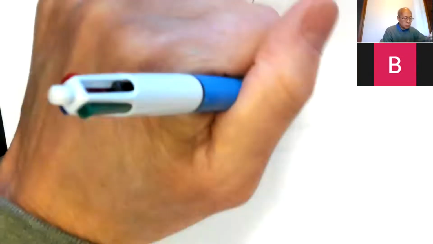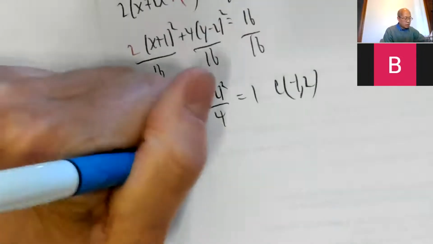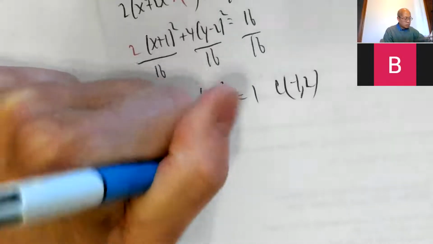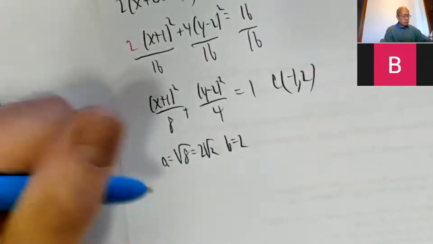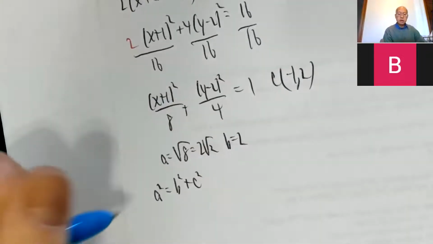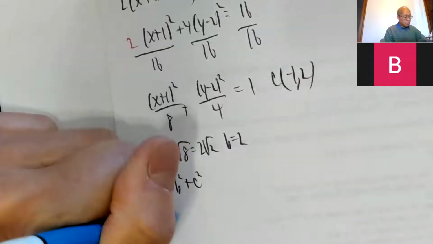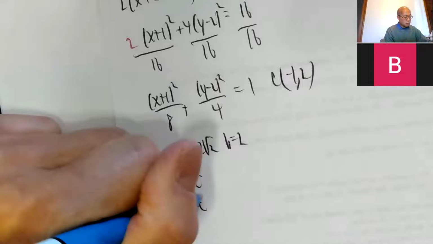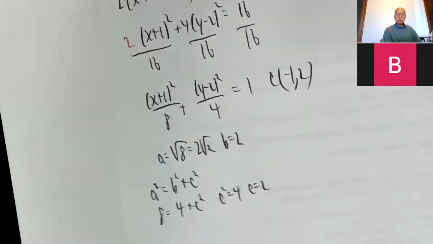Okay, so my center is -1, 2. A is square root of 8, or 2 radical 2. B is 2. A squared equals B squared plus C squared. A squared is 8. B squared is 4. So that means c squared is 4 and c is also 2.